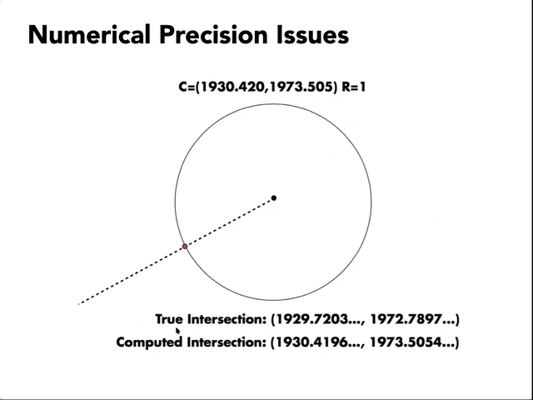But the true intersection mathematically might be something like this, 1929.7203, blah, blah, blah. This is the kind of finite precision floating point error that can accumulate, especially when we have certain functions that we need to solve in computing a ray sphere intersection, such as a square root, for example.